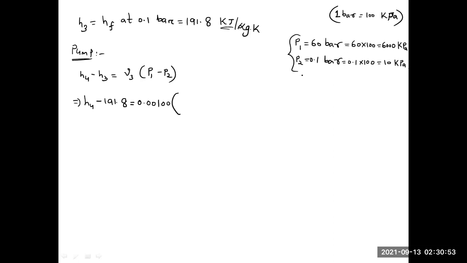Okay, we have to convert this into kilopascal. So then this value we will put over here. P1 is 6000 minus P2 is 10. Then simply we will solve this equation, and from this equation, we will get the value of H4. Okay, so how much it will be, I will do it.